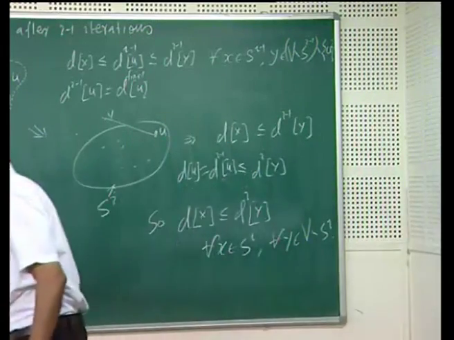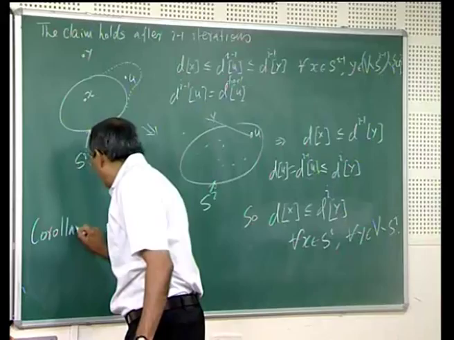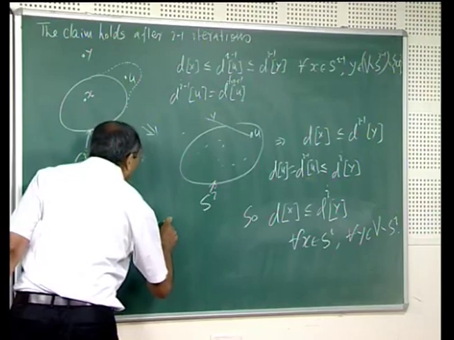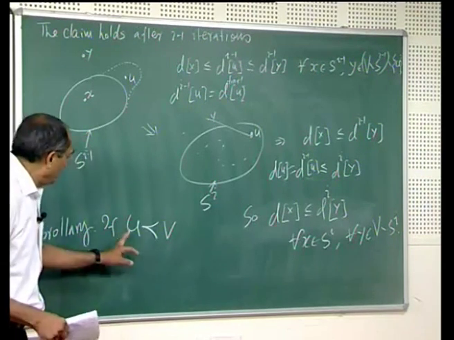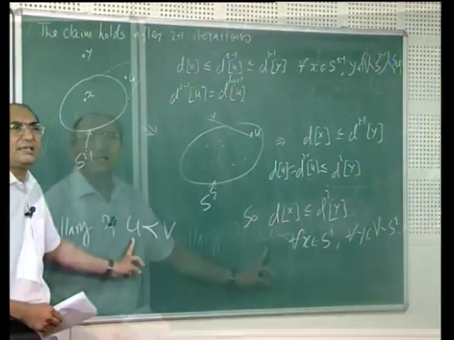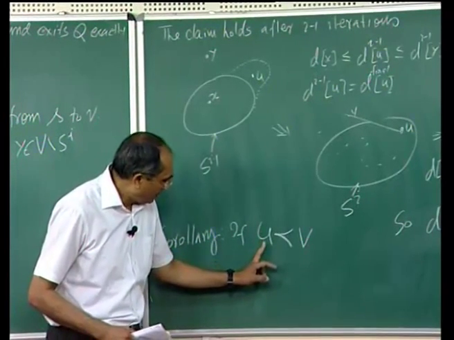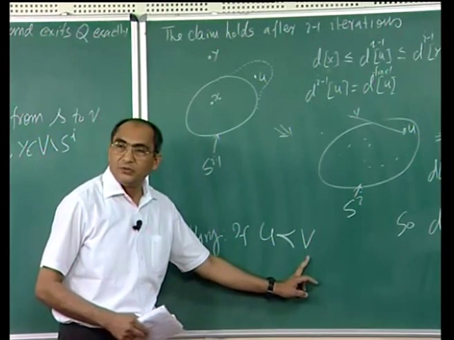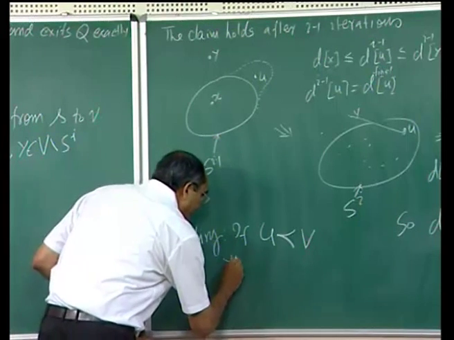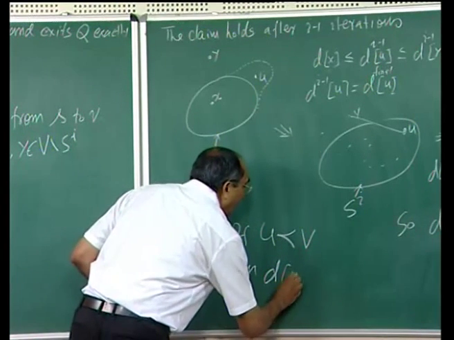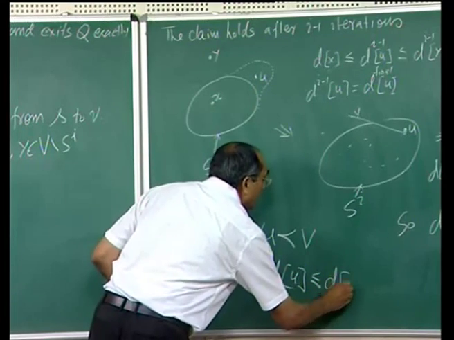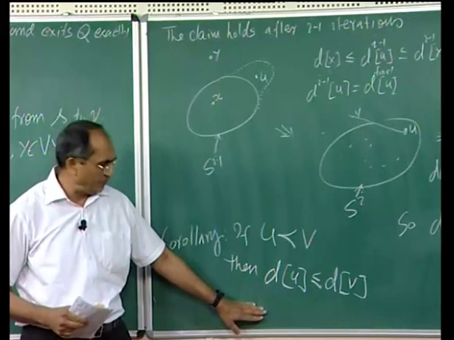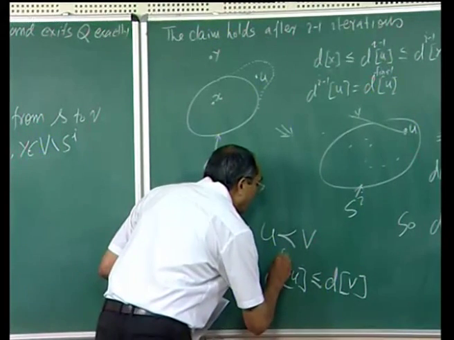So, a corollary is that if u enters S before v. Remember, if u exits Q, it enters S. So, if u exits Q before v, or u enters S before v enters, then the d value of u, the final value of this, has to be less than or equal to the d value of v. When I do not put a superscript, I mean this is the final value in this case, or maybe I should put that.